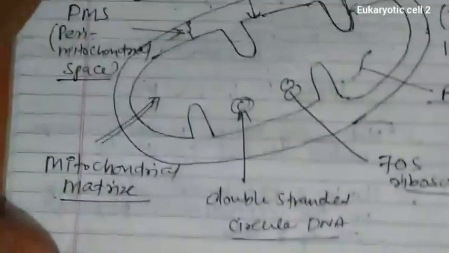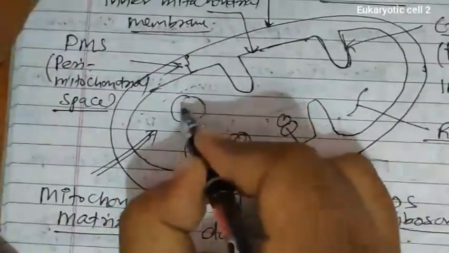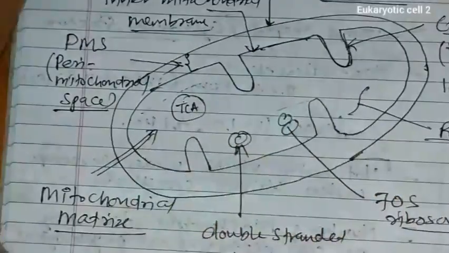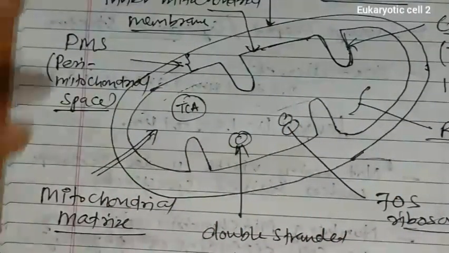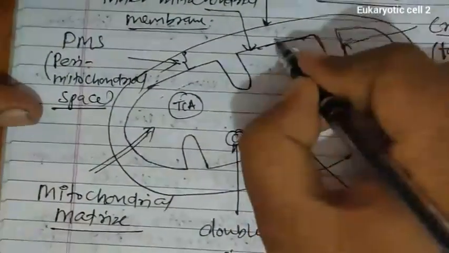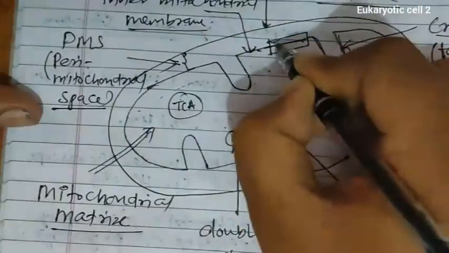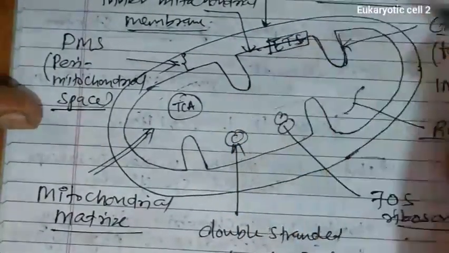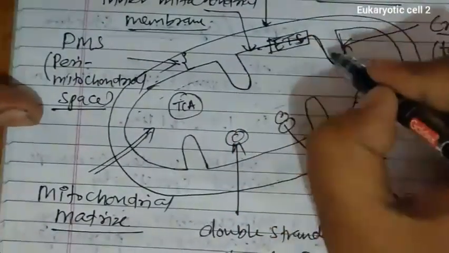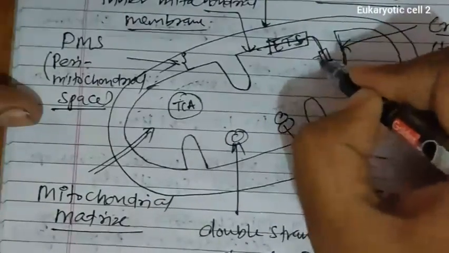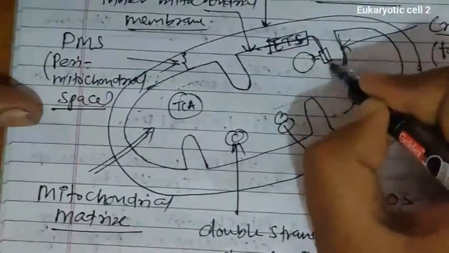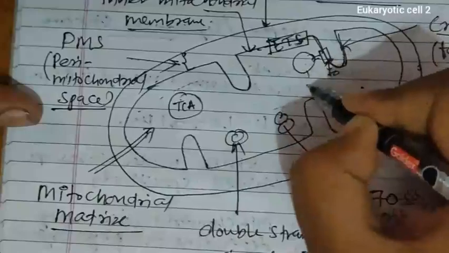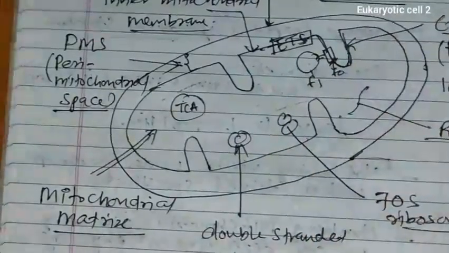So you can see here, this is the Krebs cycle, which is also known as the TCA or tricarboxylic acid cycle. Apart from that, you find an electron transport system here, the ETS. And here you will find on the cristae several F0, F1 units.